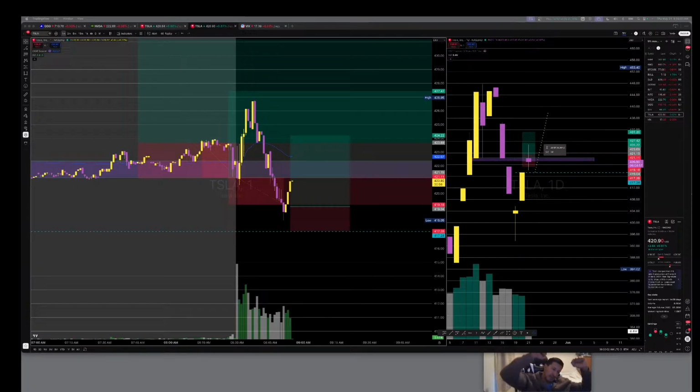Yes, 3 green candles. From there, it should, high probability, go higher, but it could be a grind. We'll see how long it takes.